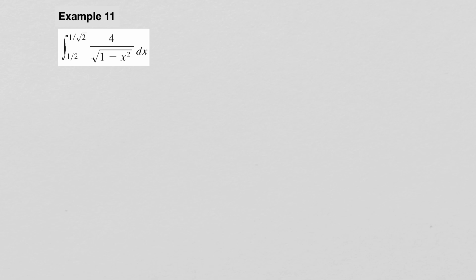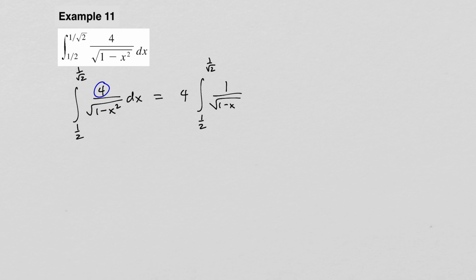Here we have the integral from 1/2 to 1 over radical 2 of 4 over the square root of 1 minus x squared dx. Now, I can take this 4 and factor it out of the integral. That is a property of integration. We don't always do that, but I'm doing it here because it will help you see what the antiderivative is.